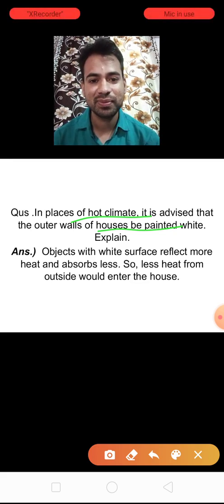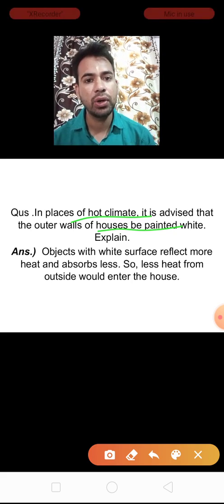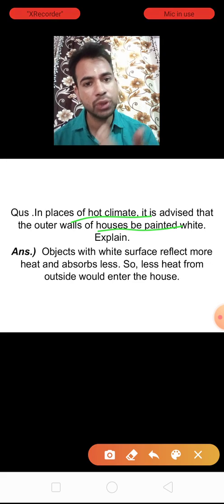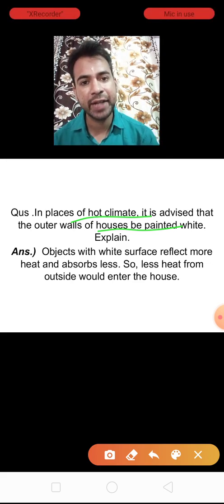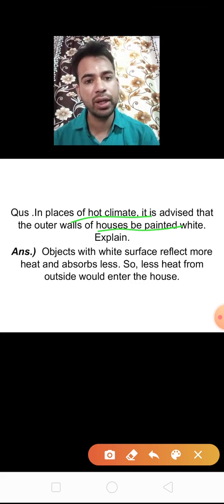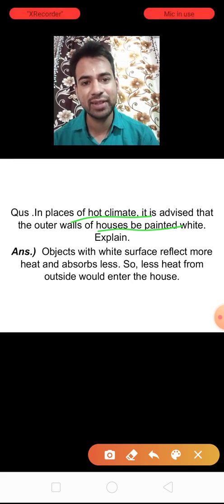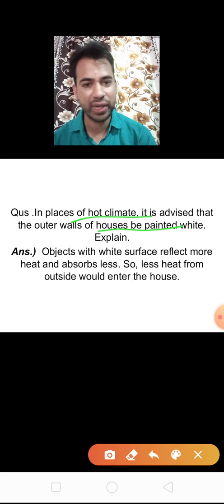Why? Because white color reflects more heat and absorbs less heat. That's the reason the outside walls are painted white.